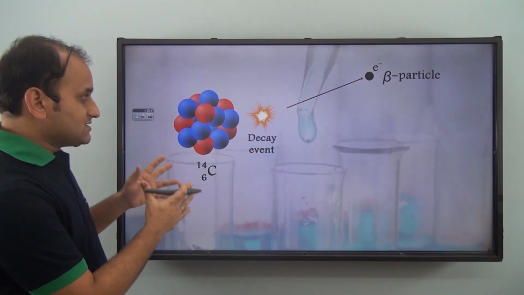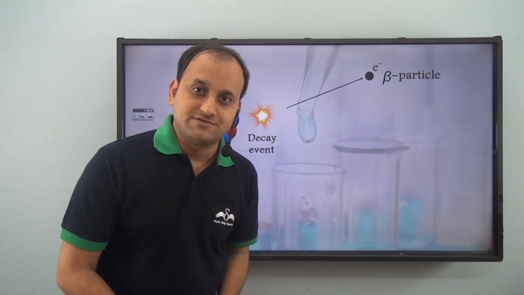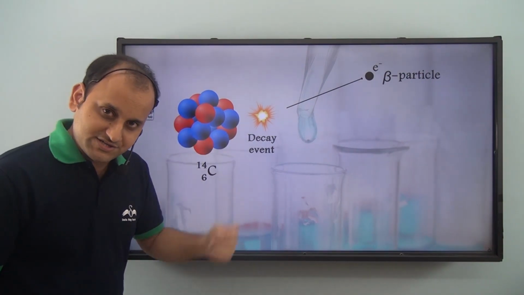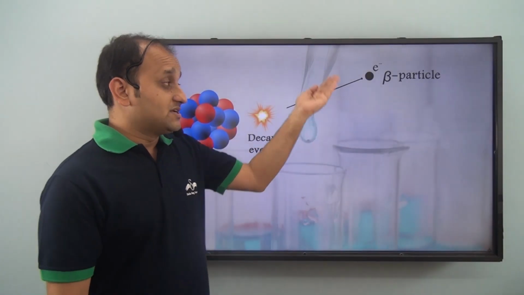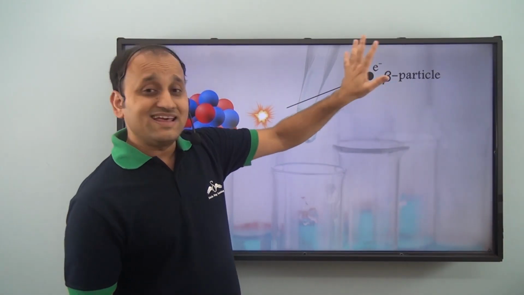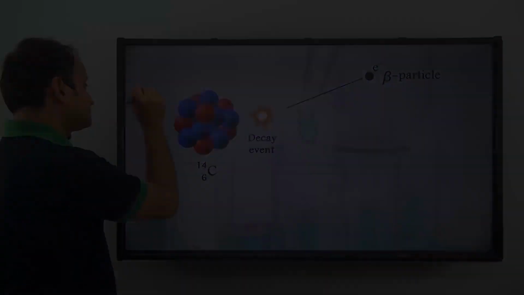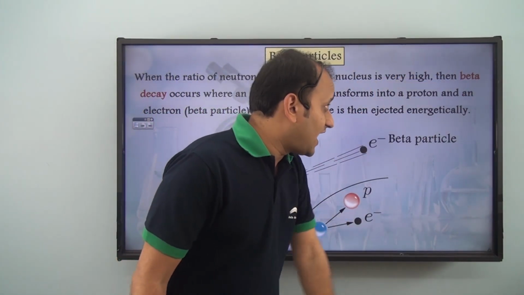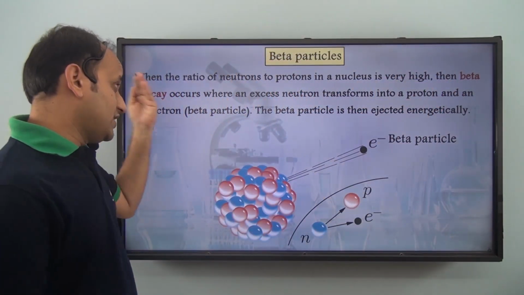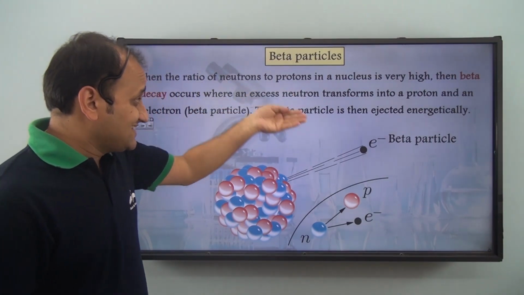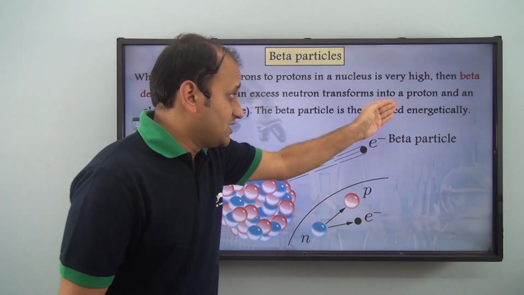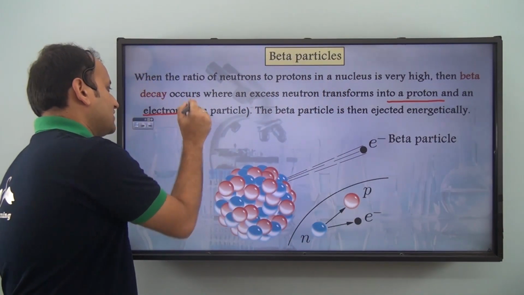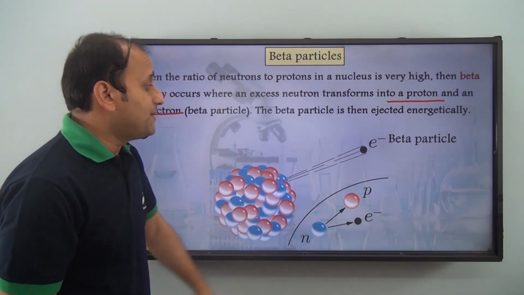So first of all, let's understand how a beta particle is emitted. So we have carbon-14 nucleus here which decays to emit a beta particle. Now what exactly is this beta particle? When the ratio of neutrons to protons in a nucleus is very high, then beta decay occurs where an excess neutron transforms into a proton and an electron, which is nothing but a beta particle.